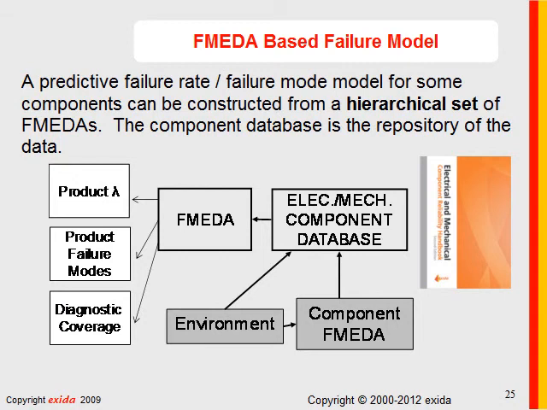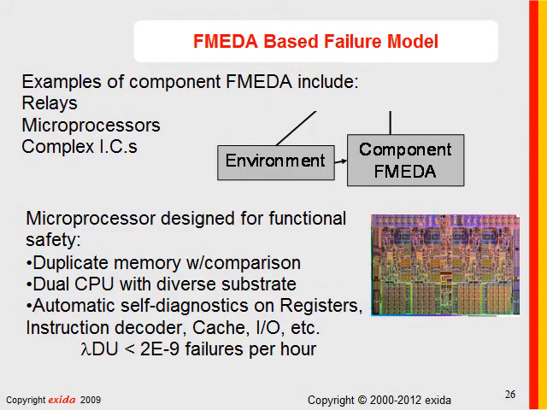The component database has what I call hierarchical FMEDAs as well as field failure data. What do I mean hierarchical FMEDAs? Sometimes what most of us call a component actually consists of 10 to 1,000 components at a more detailed level. For example, a relay. There might be 10 to 20 components in there.